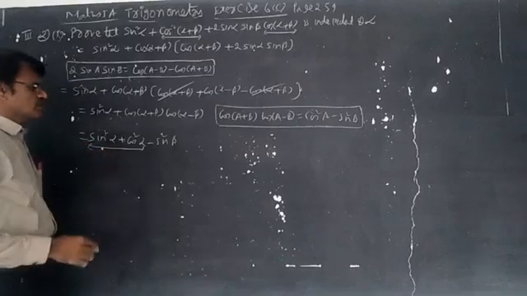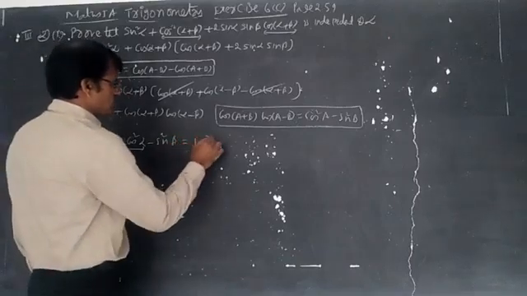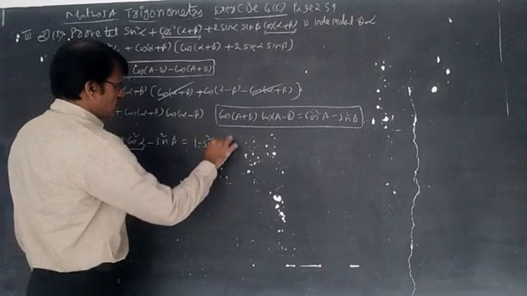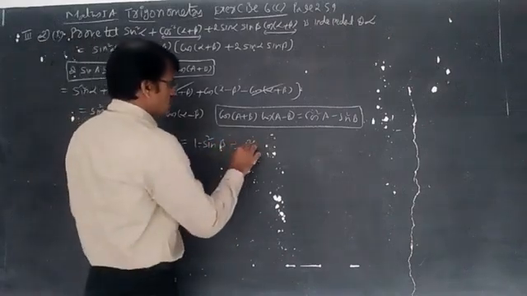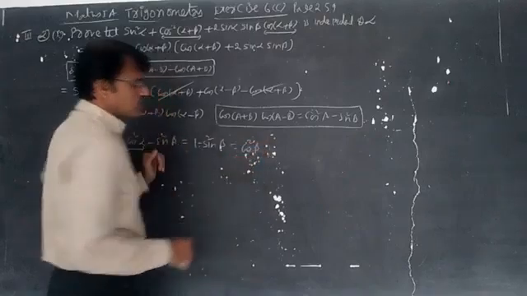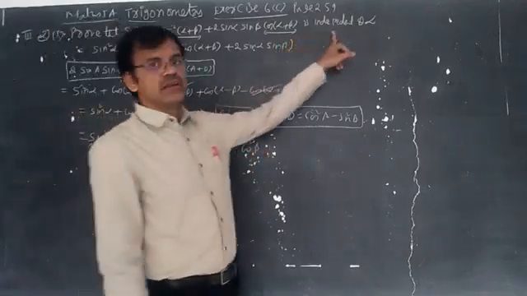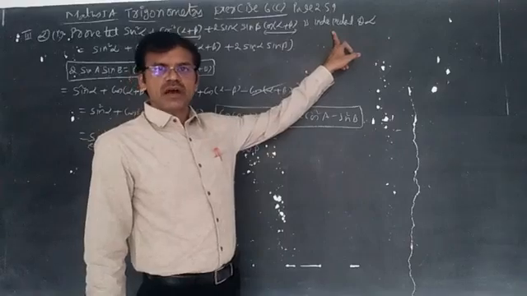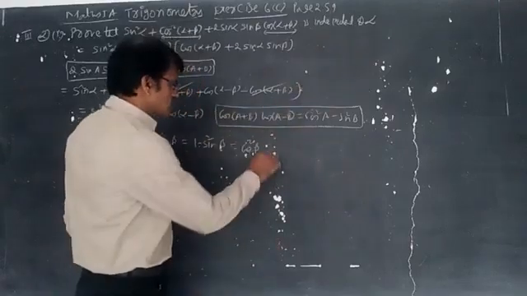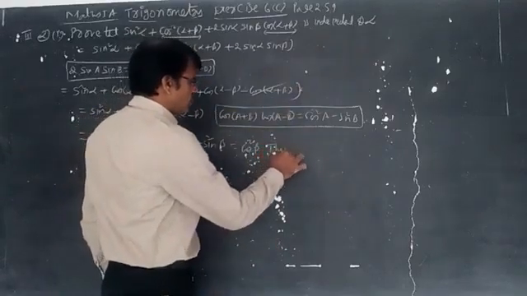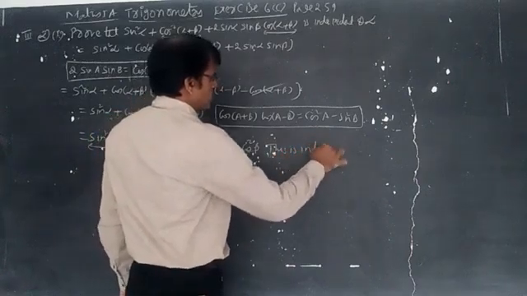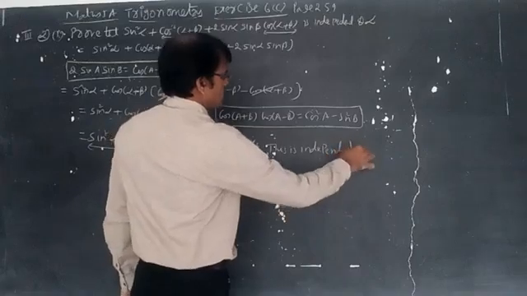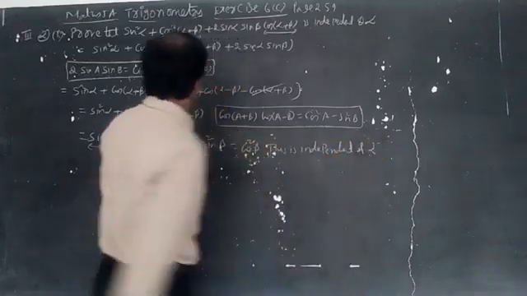Using the identity sin square alpha plus cos square alpha becomes 1, so it is 1 minus sin square beta, which becomes simply cos square beta. We did not get alpha, so we can say that this is independent of alpha.